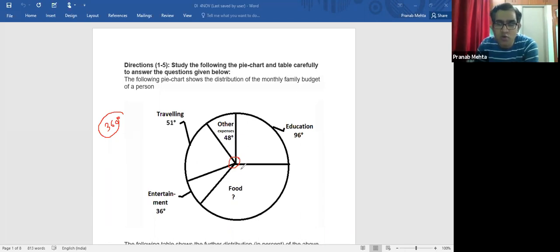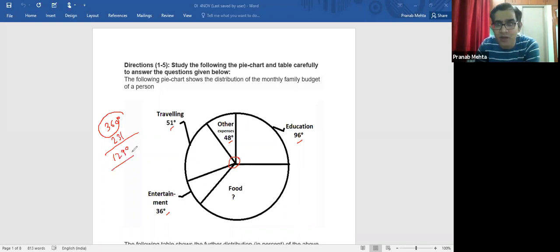So our first job is to add all these degrees, 96, 48, 51, 36, and subtract from 360. I've already done this. If you add all the angles, traveling, others, education, you get 231 degrees. Out of 360, we subtract 231 degrees, so we get 129 degrees.